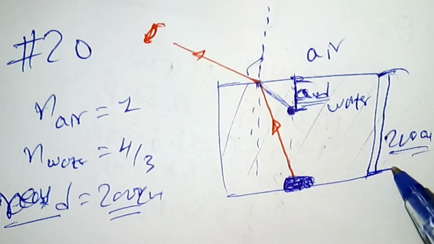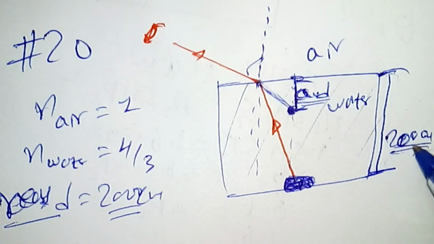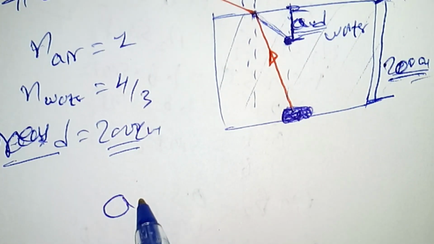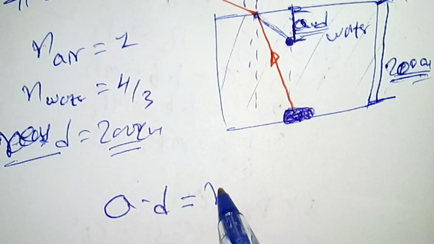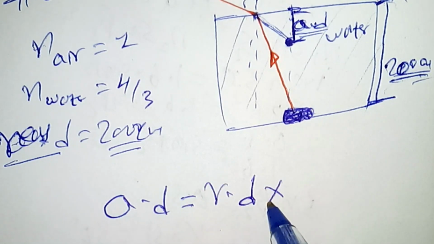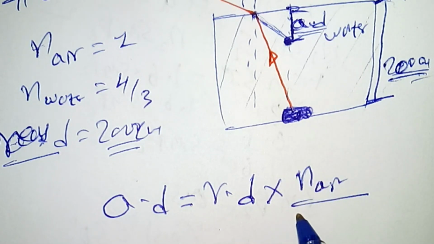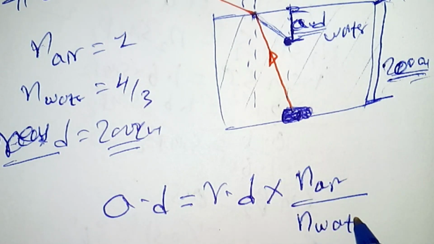So 200 centimeter is the real depth of the water. To find the apparent depth, it is always equal to the real depth times the index of refraction of air divided by the index of refraction of water.